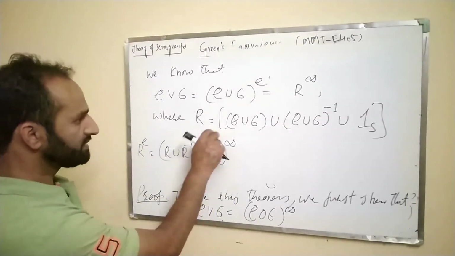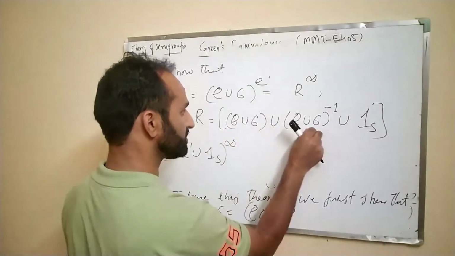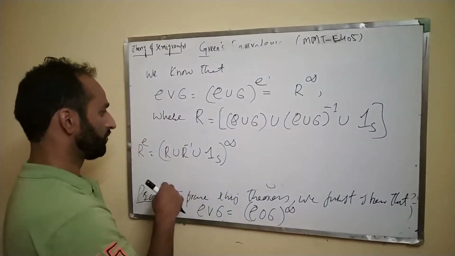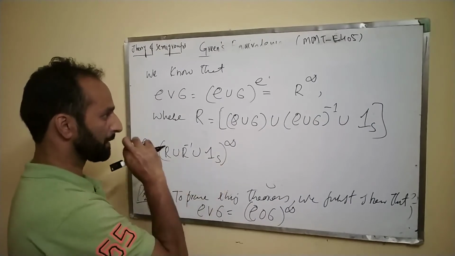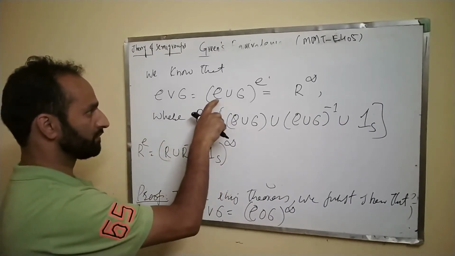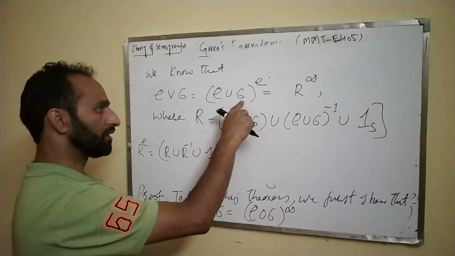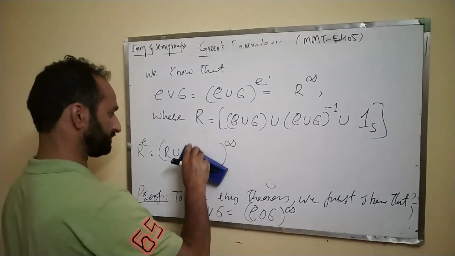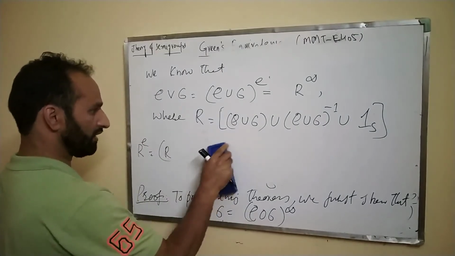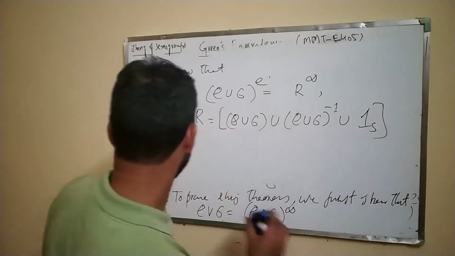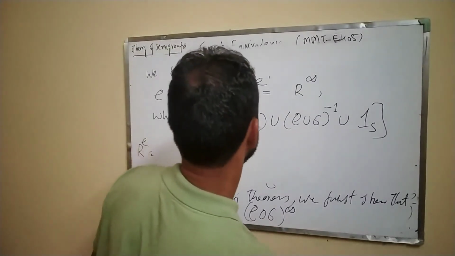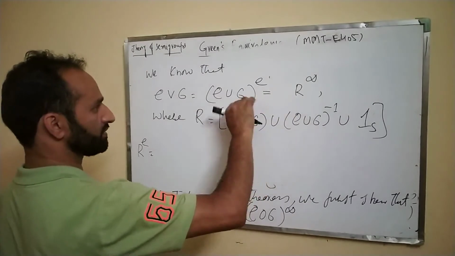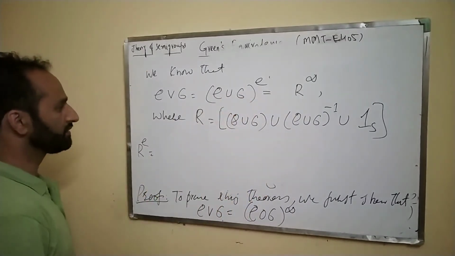So here R is this, so it's a symmetric relation, so we don't need to write R union R inverse, and it also contains IS, because rho contains I, sigma contains I, so we don't need to write it. In case R is both symmetric as well as this, then this R infinity is the same as this rho union sigma power E.